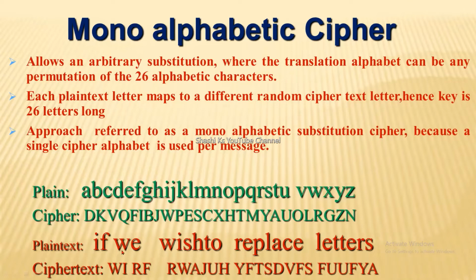If we replace the letters according to this mapping, the corresponding ciphertext will appear like this. So this is the crux of the monoalphabetic cipher. You have a single ciphertext alphabet per message, and each plain text letter is replaced with an arbitrary letter from the alphabet.